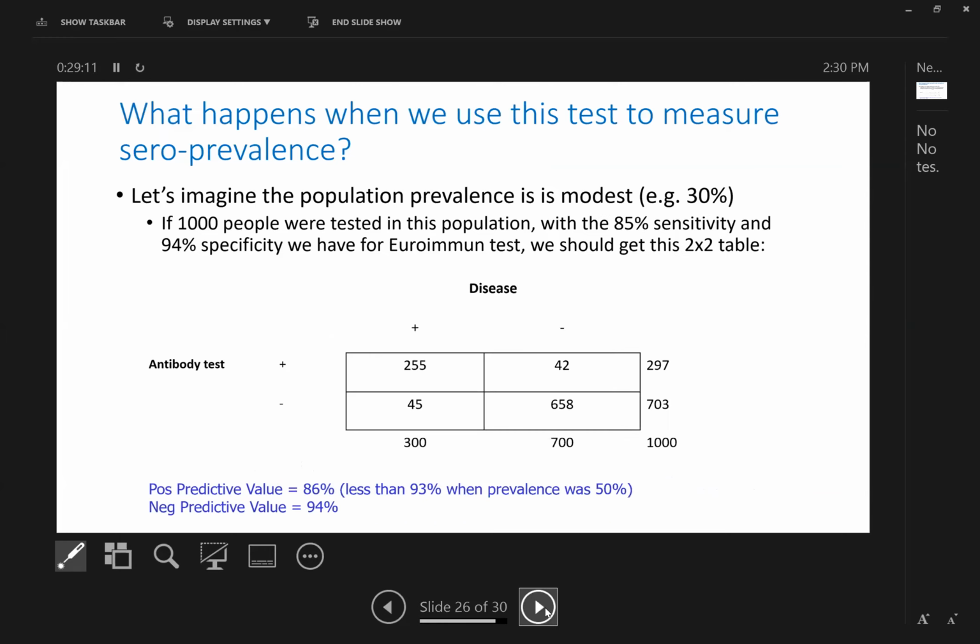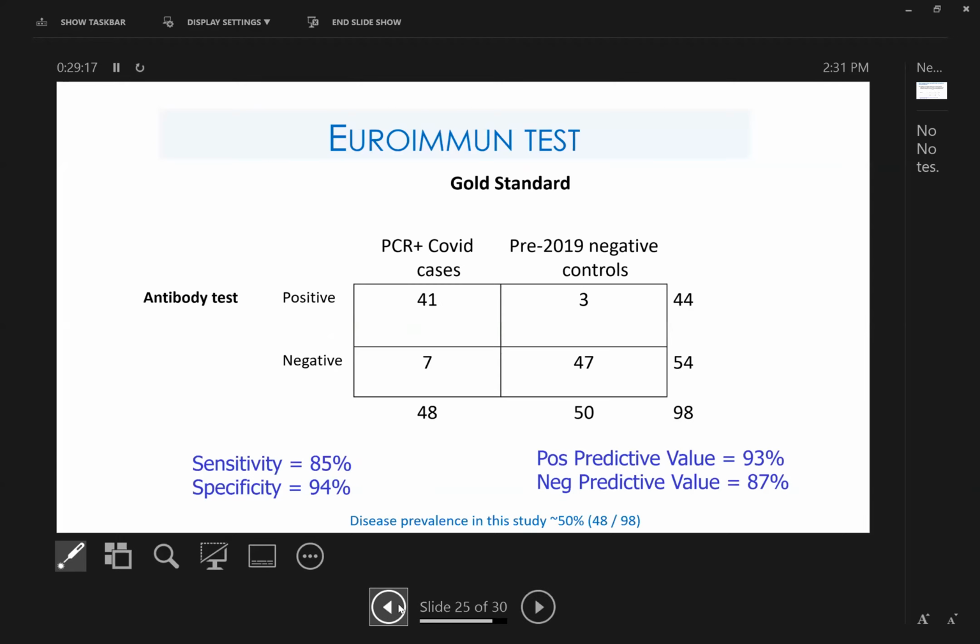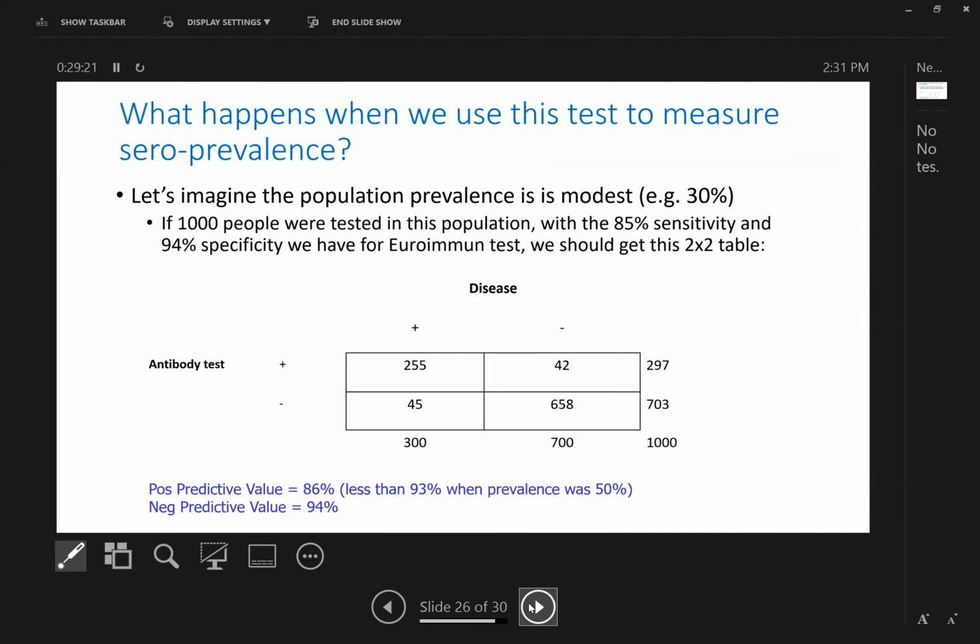And then I've also shown you what happens if you take that same test, with these properties, 85% sensitivity, 94% specificity, and then you start doing it on an entire community, right? Like Santa Clara County. You go and survey a whole population where the prevalence of COVID is reasonably modest, only about 30%.